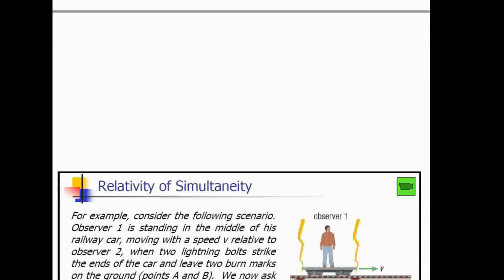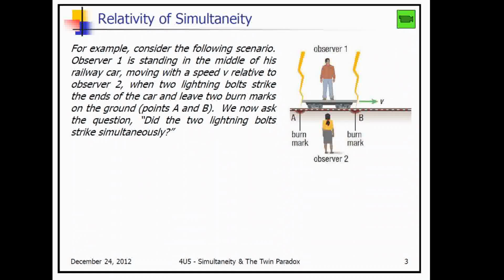So that's what the special theory of relativity does to simultaneity. And here's a thought experiment to explain that.